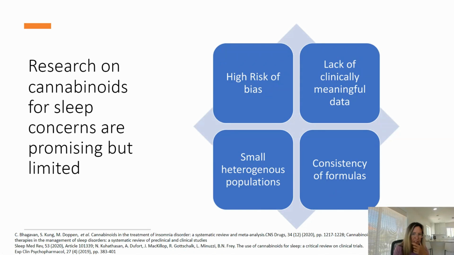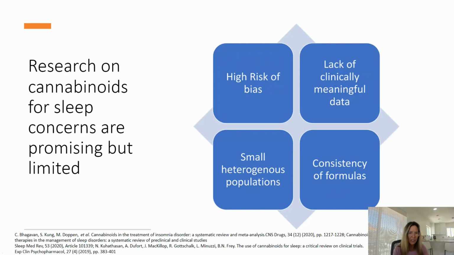Because the research that does exist out there is very small. It's done in very heterogeneous populations. Many of them didn't even report on whether or not the sleep benefit was clinically meaningful. In trials, we look at statistical significance, but we also need to look at whether it is clinically meaningful.